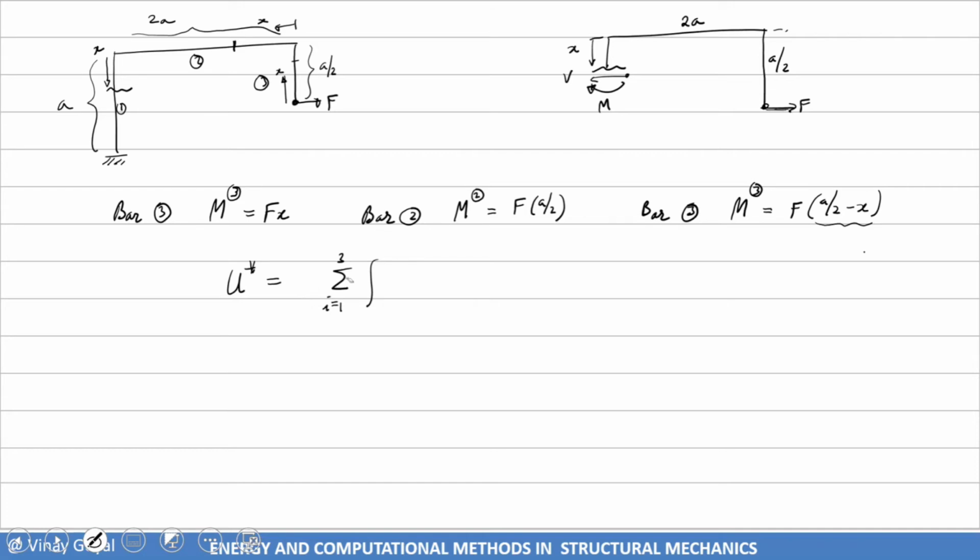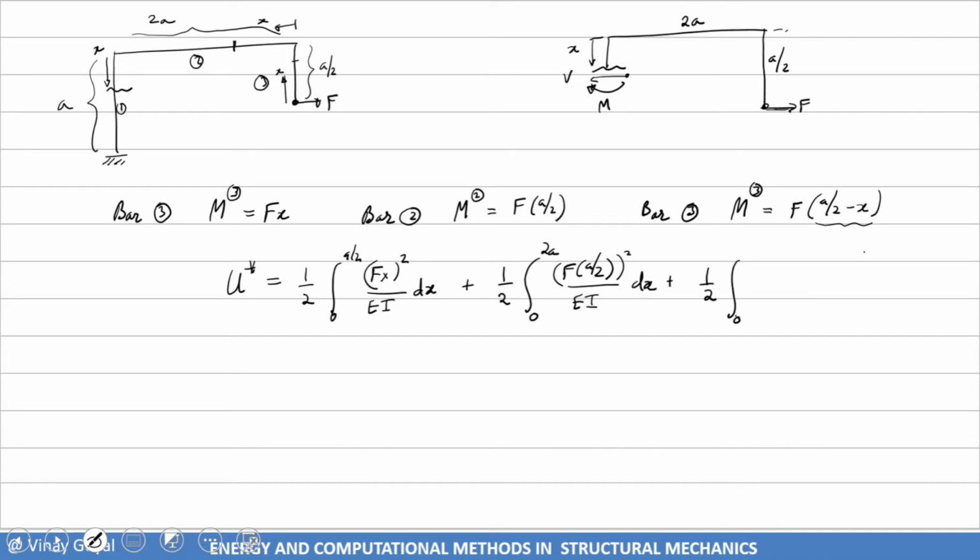Actually, let me not do that. Write it one by one: 1/2 integral 0 to A/2 of Fx squared over EI dx, plus 1/2 integral 0 to A of F A/2 squared over EI dx, plus 1/2 integral 0 to A, and that moment is going to change depending upon where you are, so you're going to have F (A/2 minus x) squared over EI dx.